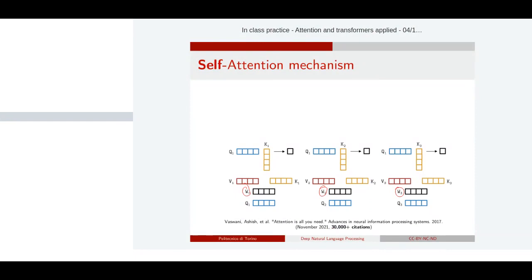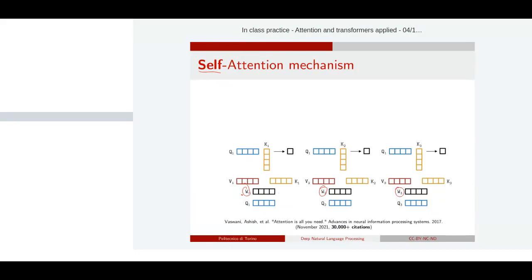The idea of the self-attention mechanism is that to fully understand the meaning of a given word, we need to understand the context. And in this case, the context is given by all the other words in the sequence. The mechanism is called self-attention and not only attention because it computes the attention scores, as we'll see, between each word and the word itself and all the other words in the sequence.